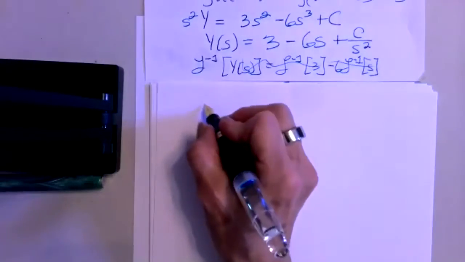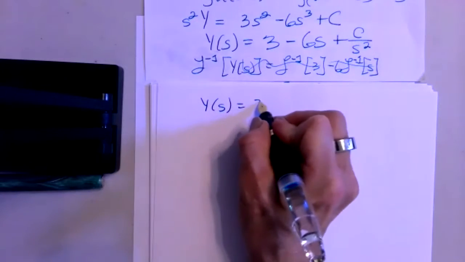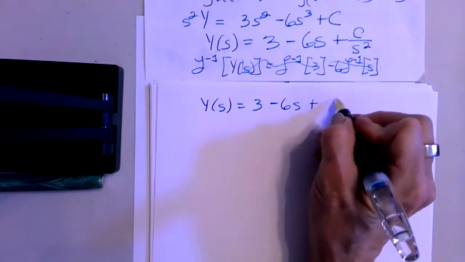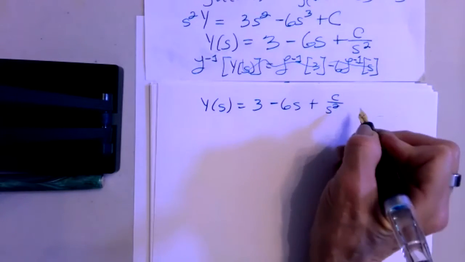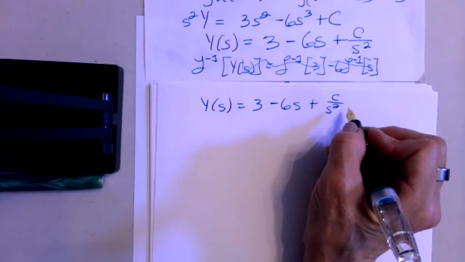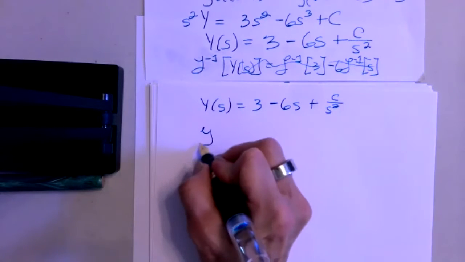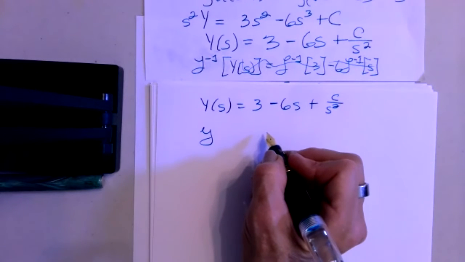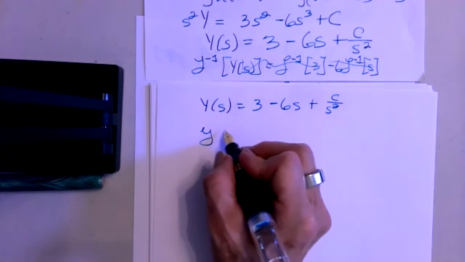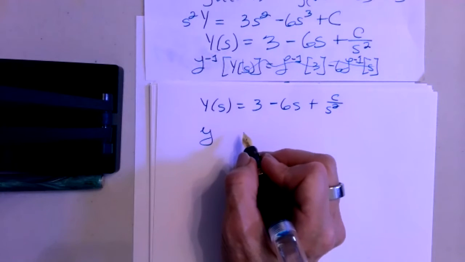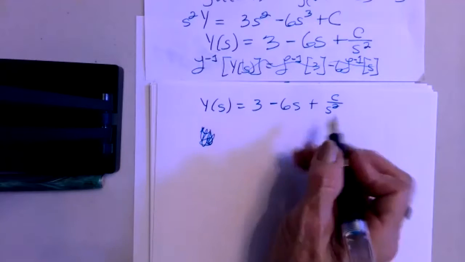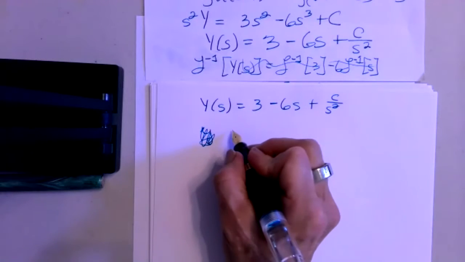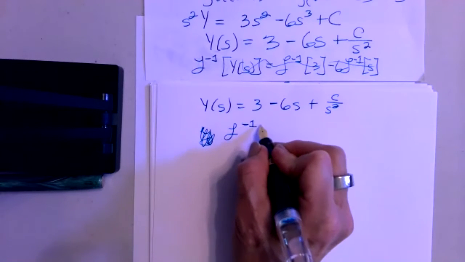So we have Y of S is 3 minus 6S plus C over S squared. Let me go ahead and invert first, and then I'll worry about getting that C. I'm going to do it that way. All right, so I'm going to go ahead and do the inverse Laplace transform of Y.